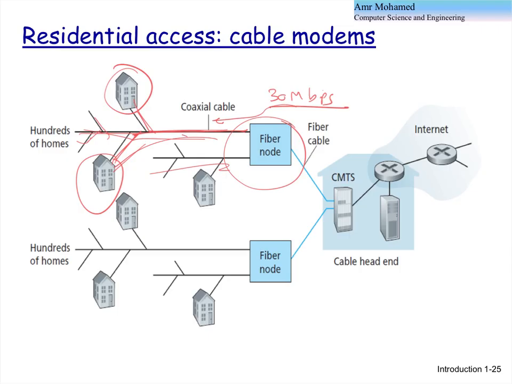Does anyone know the theoretical bit rate for fiber optic? Of course, fiber optic uses light. It uses optical signal. The theoretical limit for fiber is 1 petabit per second, meaning 1000 terabits per second.